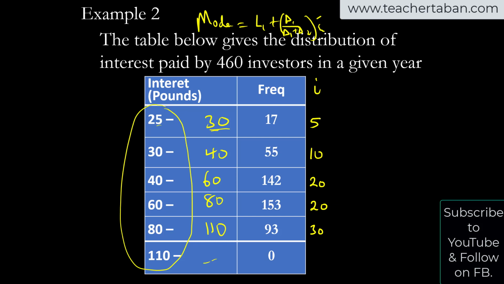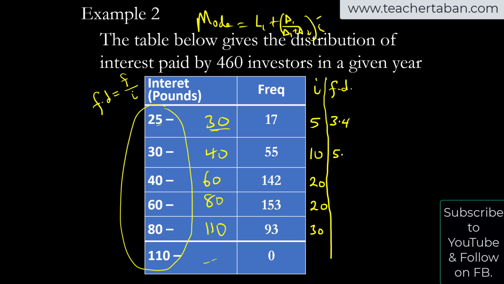So if it is non-uniform, then the modal class is obtained by getting the frequency densities first. And how do we get the frequency density? Do you remember? Frequency density is simply equal to frequency divided by the interval. It is just like population density, the population number divided by the area. So in this case, I'll create another column, frequency density. 17 divided by 5, I'll get 3.4.